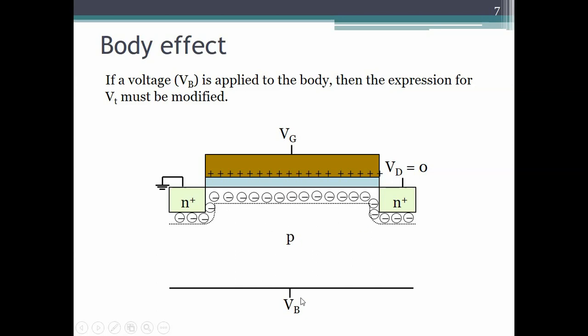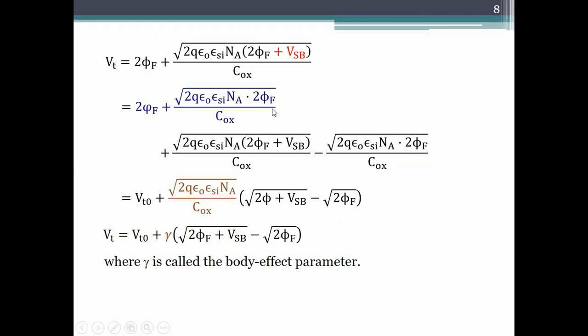So generally, if a body voltage is applied, it is always negative. Now if a negative body voltage is applied, it turns out that the depletion layer becomes larger, or in other words, the surface potential becomes larger. So as a result, and again I am not going into details of this because the physics is very complicated, I just kind of skimmed through it.